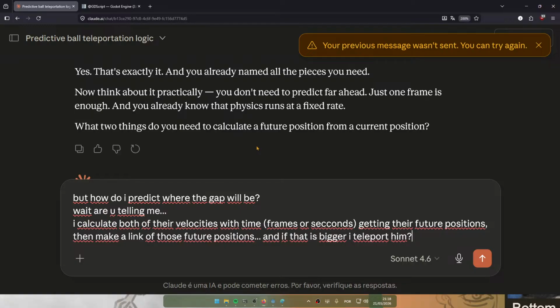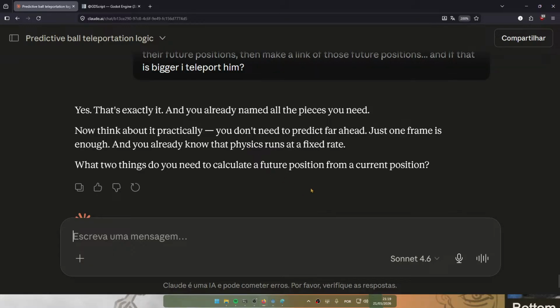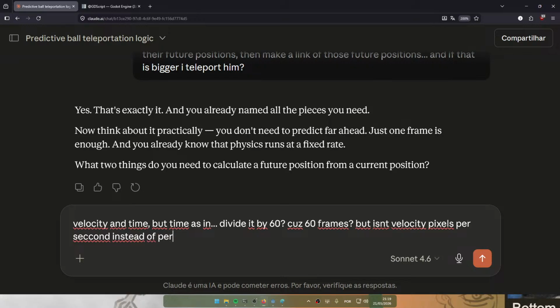So, okay. Let me just ask him velocity and time, but time as in divided by 60, because 60 frames. Isn't velocity pixels per second instead of per frame?